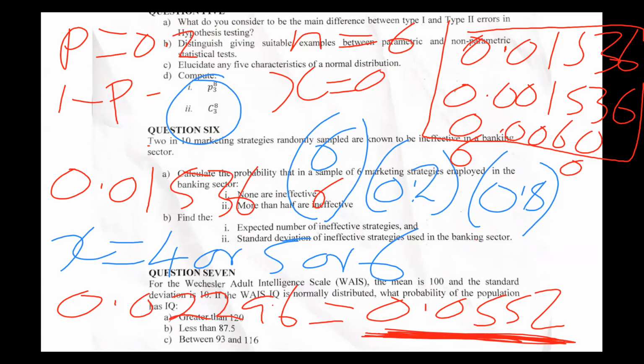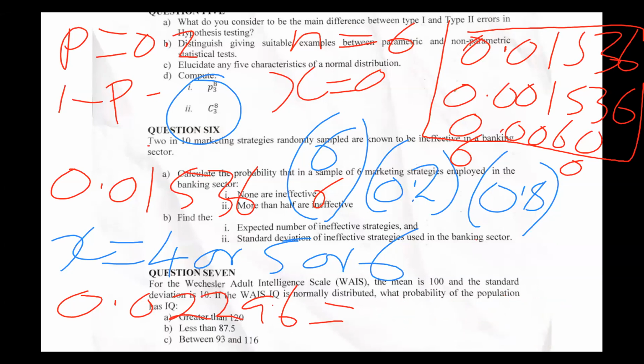Just adding these three numbers, like let's add them. 0.01536 plus... The third answer, the probability for 6, it's not supposed to be 0.006.